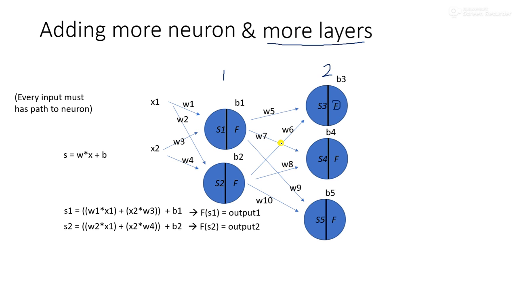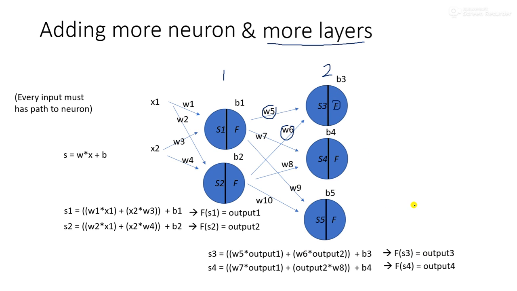So how do you calculate this? The same as before. Now you have S3: W5 times output 1 plus W6 times output 2, only 2 inputs, plus B3, and you get output 3.